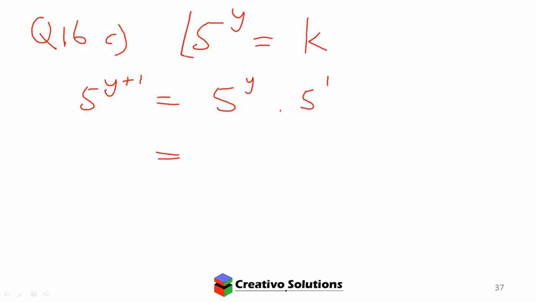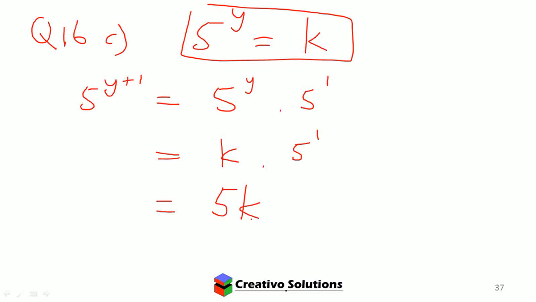I now know that 5 to the y equals k, so I would have k here times 5 to the power 1, which is 5k. So the answer, 5 to the power y plus 1, would be the same as 5k.